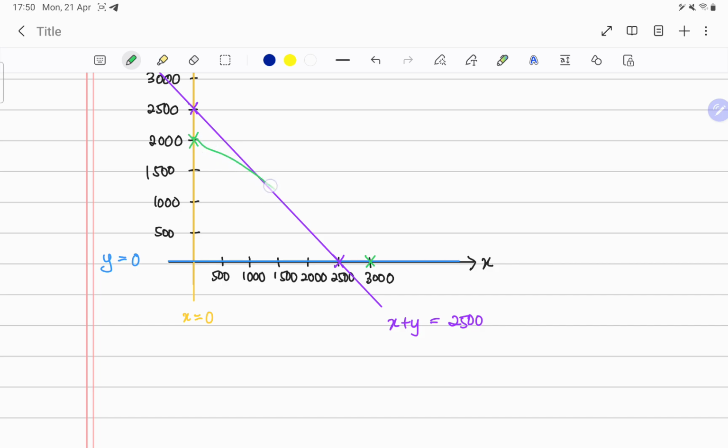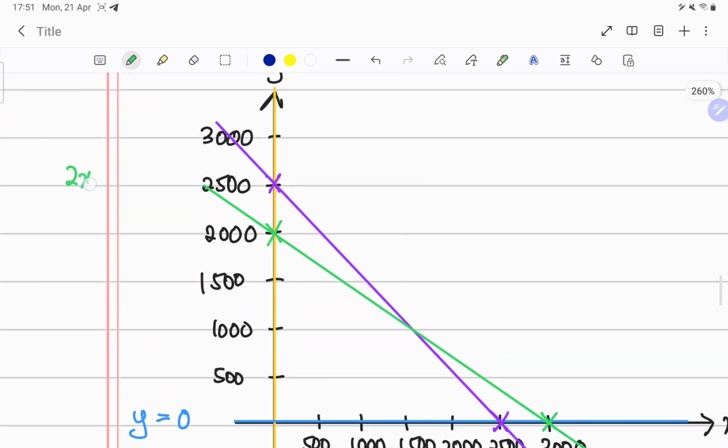So now you connect these two points, and use your ruler. Okay. And then what you can do here, just label the line 2x plus 3y equal to 6,000.